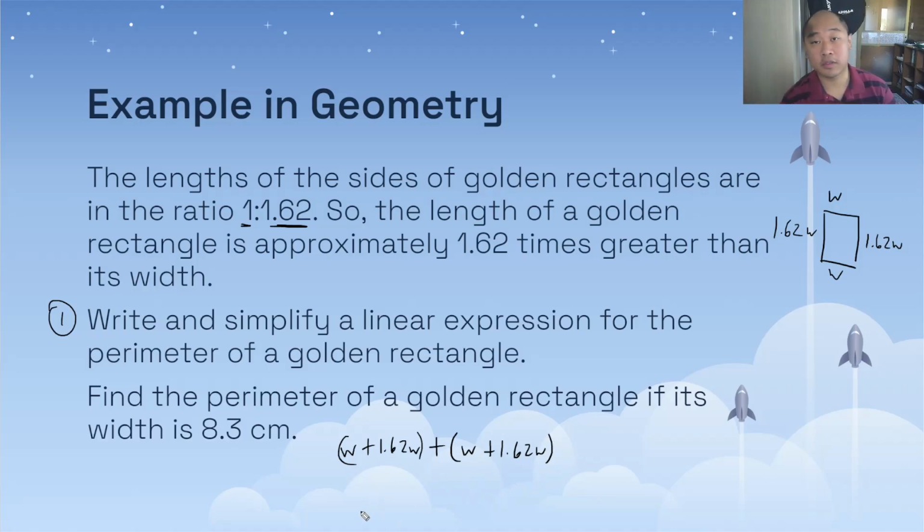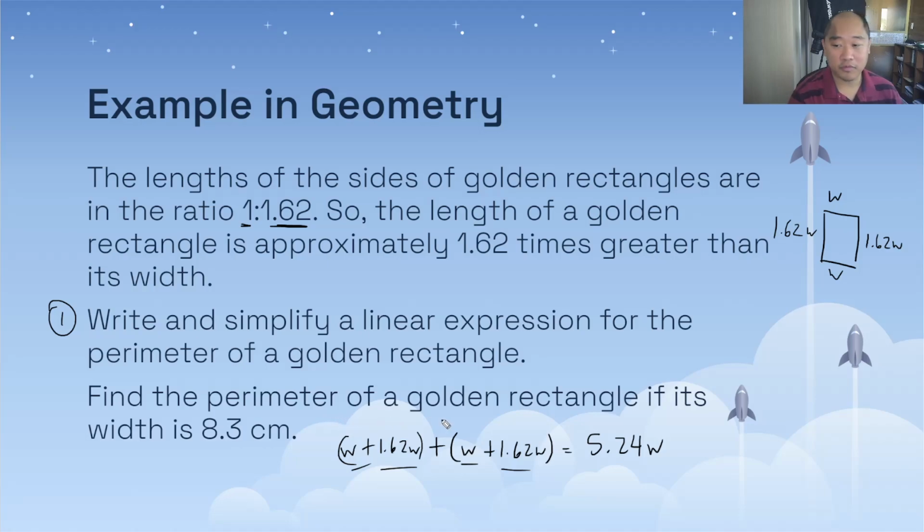They're all like terms, so we can just add them all together. Here's 1. Here's another 1.62. That's 2.62. Add another one is 3.62. And then add another one is 5 point something. Right? Yeah, 5.24w. I should check my math on that. 1.62 plus 1.62 is 3.24. 3.24 plus 2. Yep, okay, great.